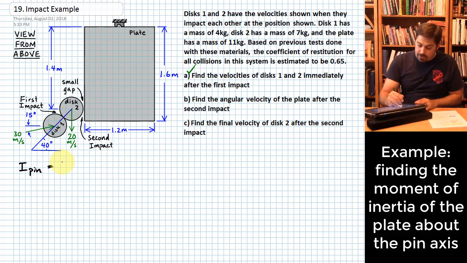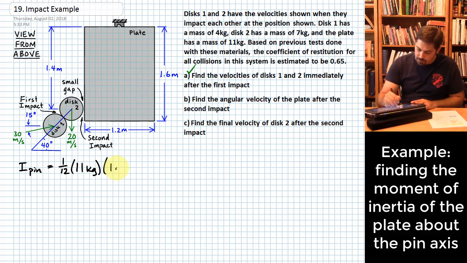The formula for it in the book, again, I won't look this up, but I'll assert that it's going to be 1 over 12 times the mass of the plate. The mass of the plate is 11 kilograms multiplied by the length and width, each of those squared.